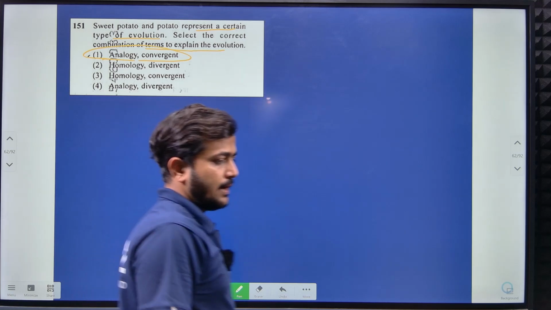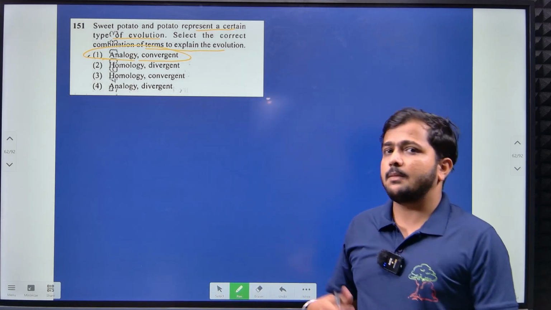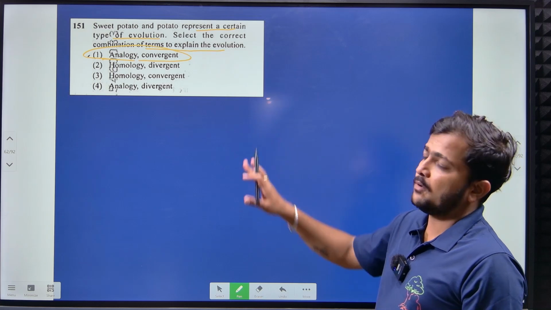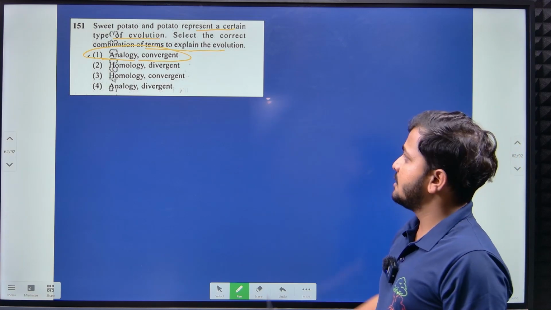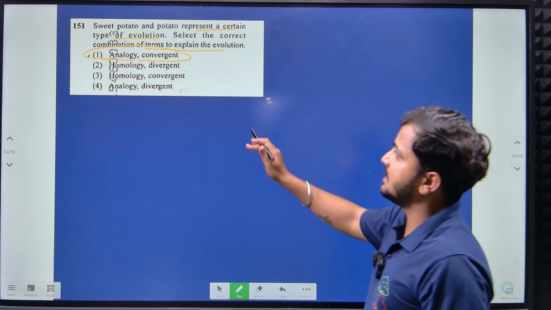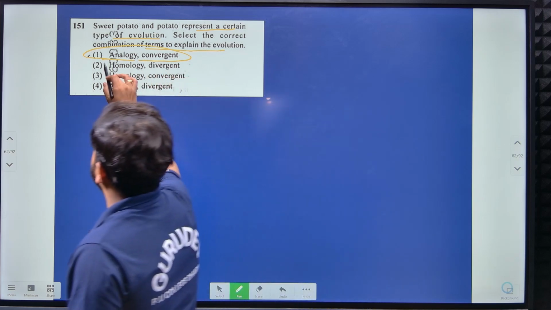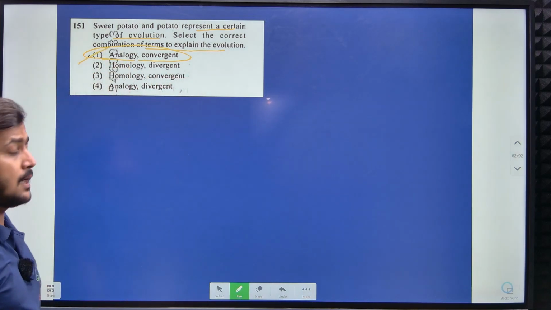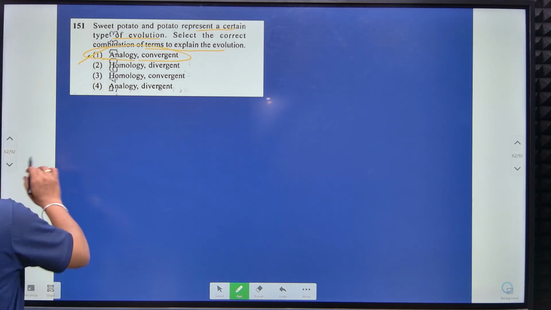Homologous organs have the same origination but perform different functions. Here the origination is different and they perform the same type of function. So option 1 is correct, that is analogy and convergent evolution.